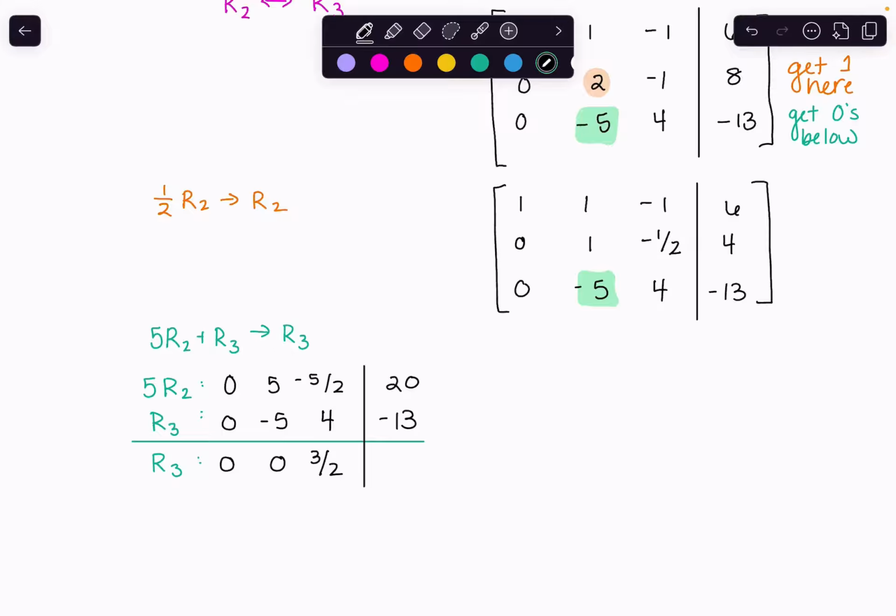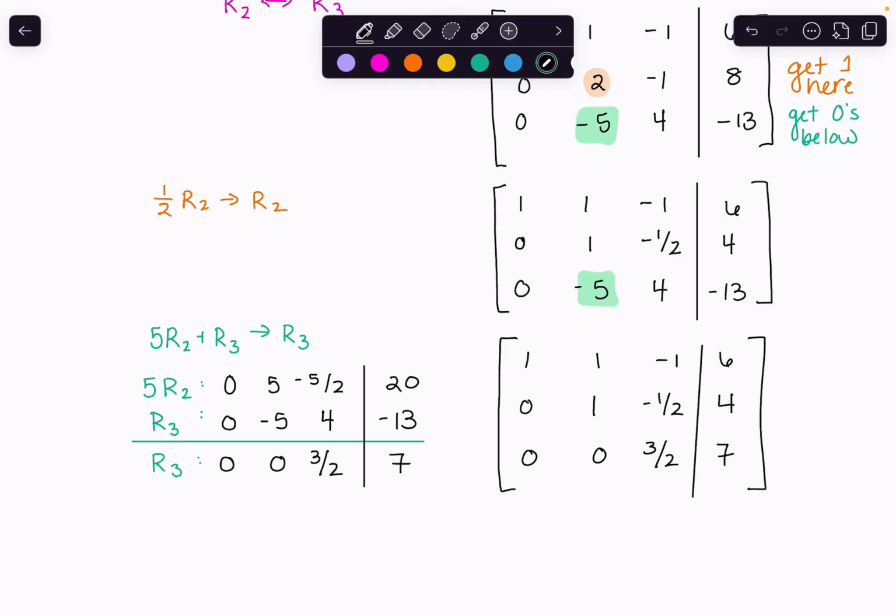And then over here, this gives me 7. So I have my updated row 3, which is 0, 0, 3 halves, and 7.